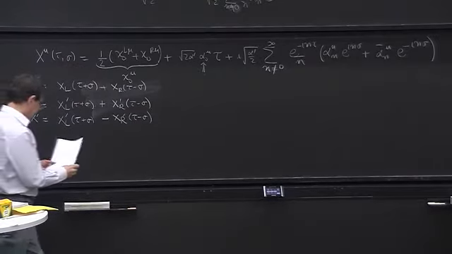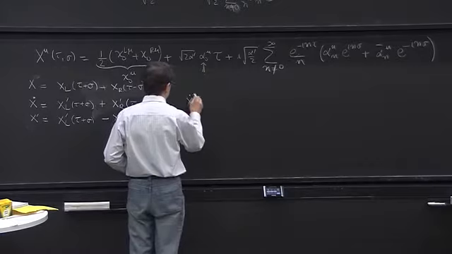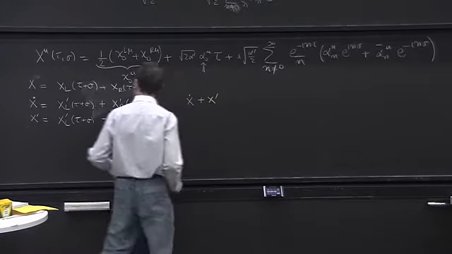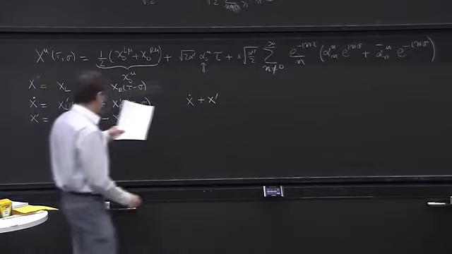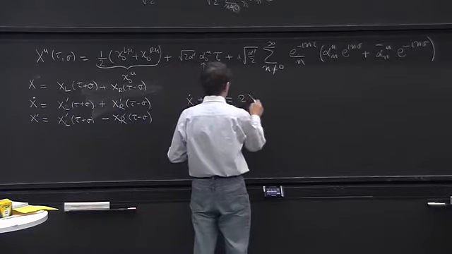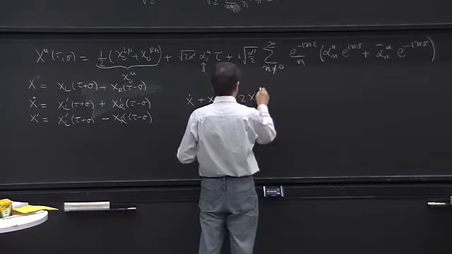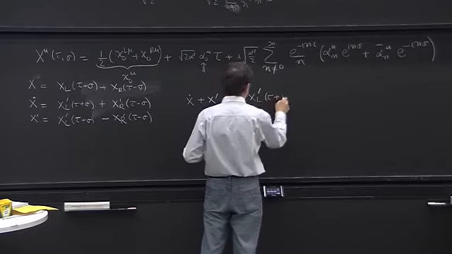So we get that X dot plus X prime, if you sum them, you get 2 X left prime of tau plus sigma.